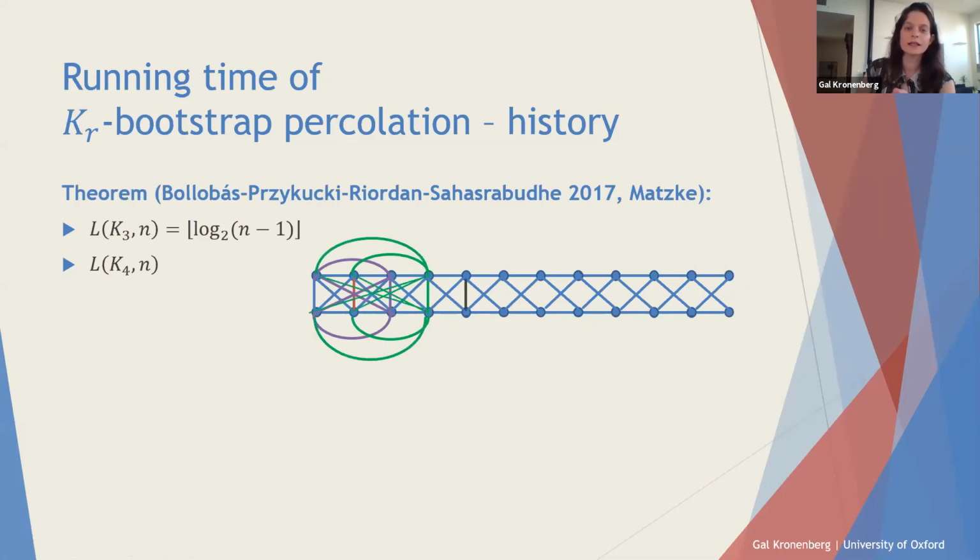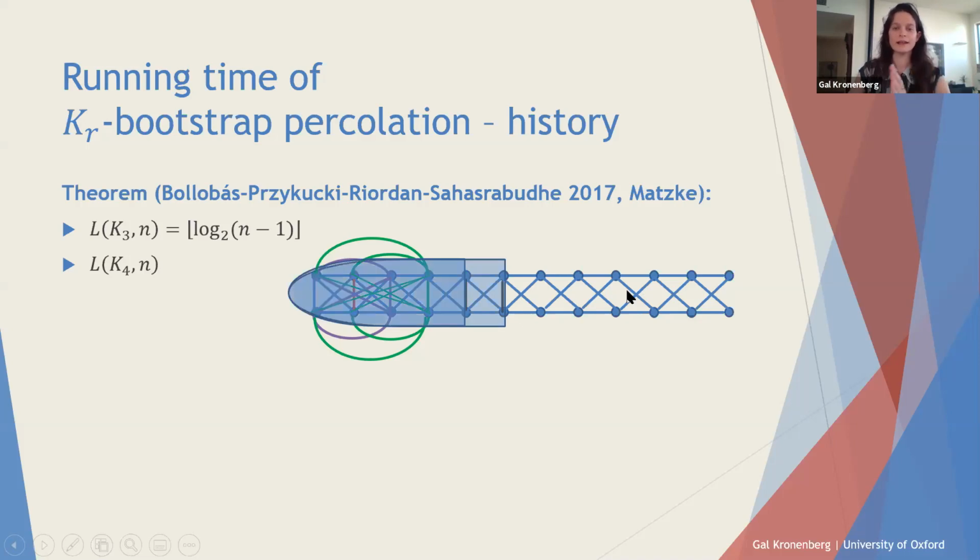But the thing is that every time I add a new edge, I can add all of the back edges, but no new edges forward, right? So I can add everything that I can and make a complete graph, but it doesn't affect these new edges.